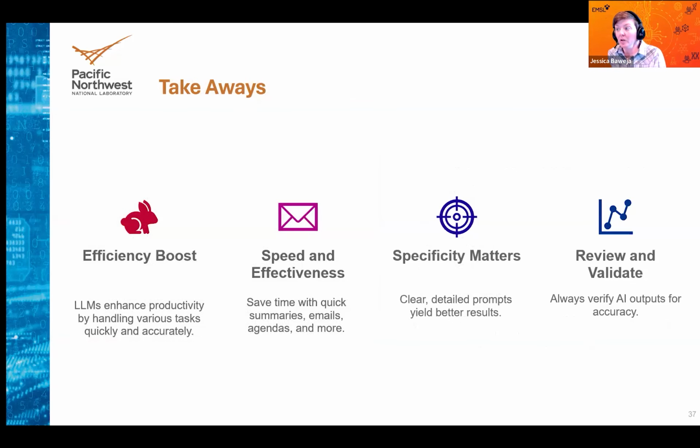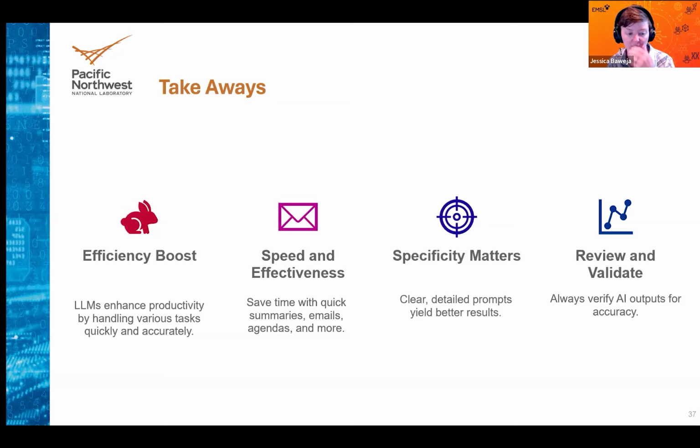A couple of takeaways, and then I'll be happy to answer any questions that you have. First, there's no question that these models can help us be more and more efficient, right? They can produce text incredibly fast. They can produce code incredibly fast. They can help us with all sorts of tasks and save us a lot of time.